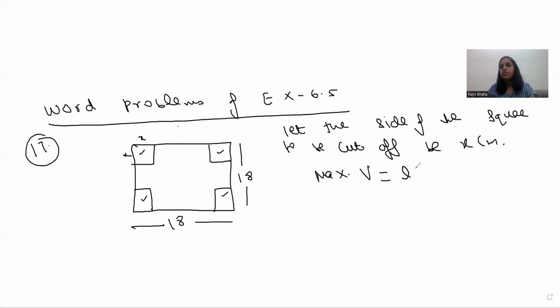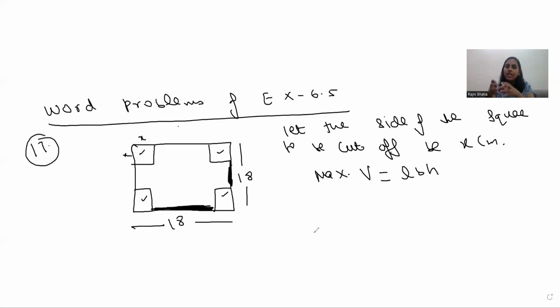Now, volume of the box is given by L into B into H, length into breadth into height. Now, we will first see what is the length of this cuboid. This portion will be the length of the box. This portion will be the breadth of the box. Why?